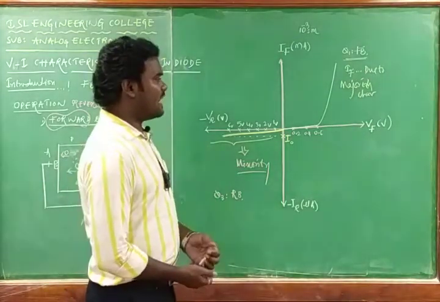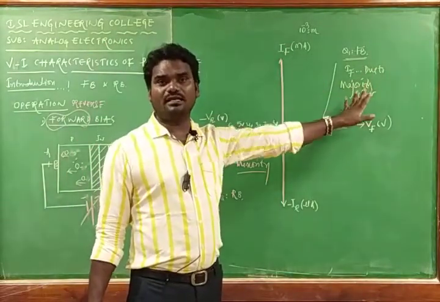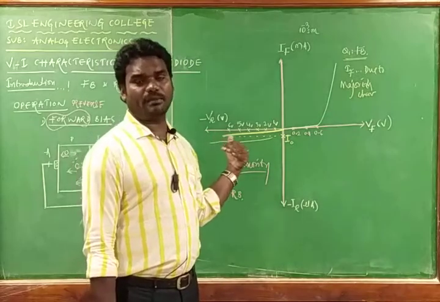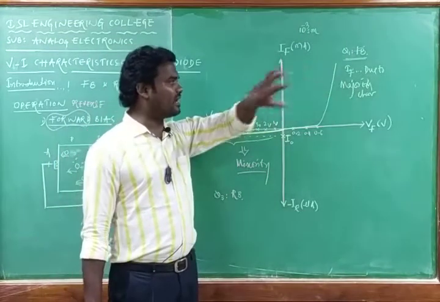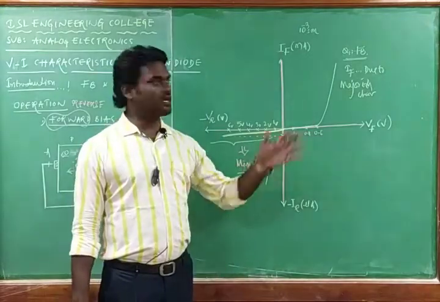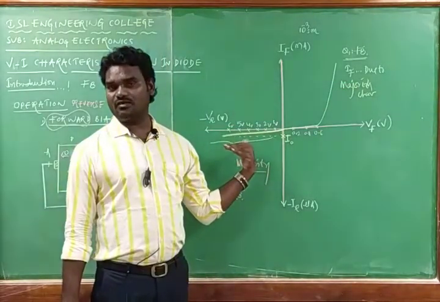In the PN junction diode, in forward bias, the current is due to the majority charge carriers, so that current is more. In reverse bias, the current is due to the minority charge carriers, so that current is less. So the PN junction diode can conduct more current in forward bias and less current in reverse bias.